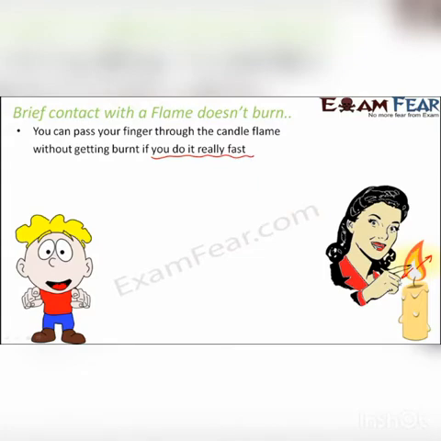And moreover, whoever does it tries to do it on the lower side of the flame, because the lower side would mean the inner layers, which are less hot, because the outer layer is very hot, as I said. So it is not possible to pass your finger from this portion, because this portion is going to be very hot. This side is also hot, this side is also hot. So therefore the finger needs to be passed through the bottom of the flame.